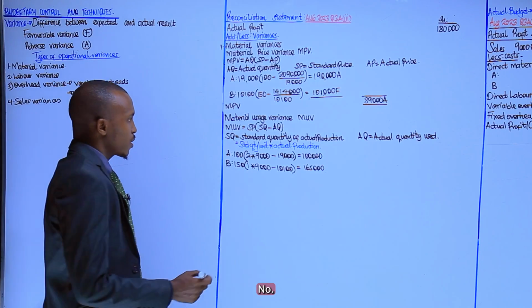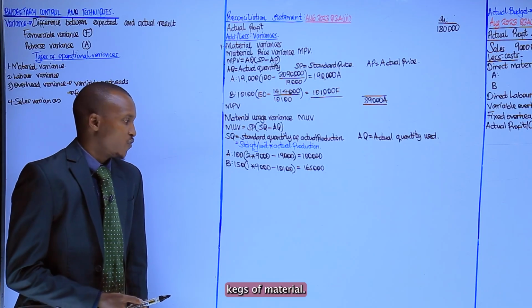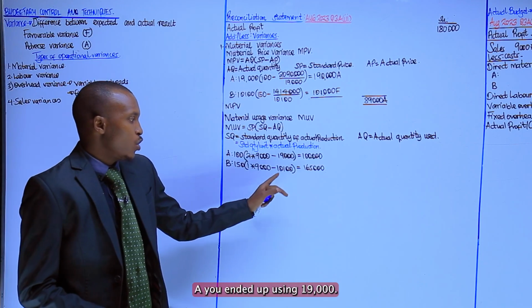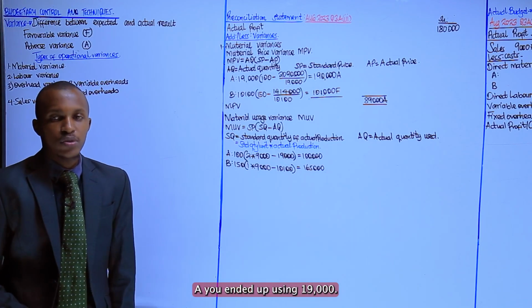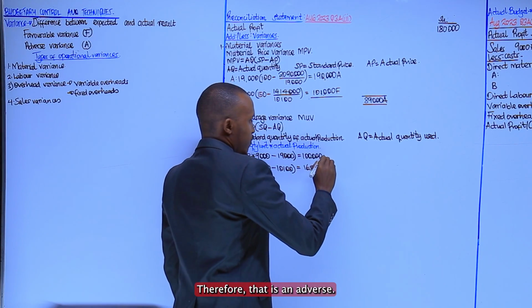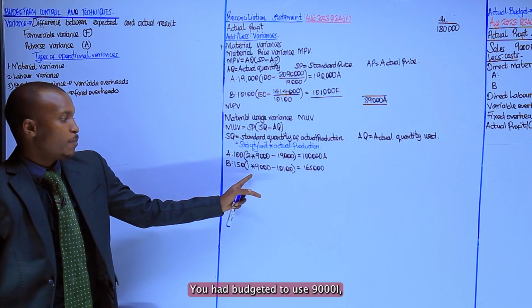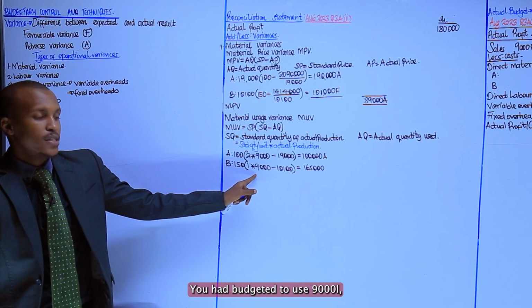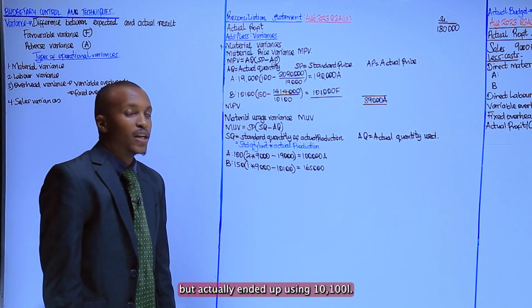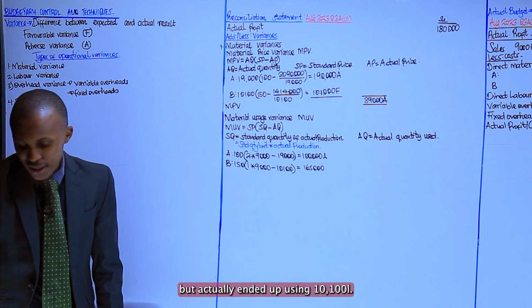Now, you had budgeted to use 18,000 kgs of material A. You ended up using 19,000. Therefore, that is adverse. You had budgeted to use 9,000 liters, but actually ended up using 10,100 liters.